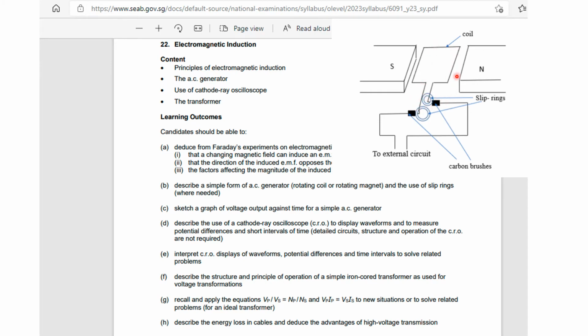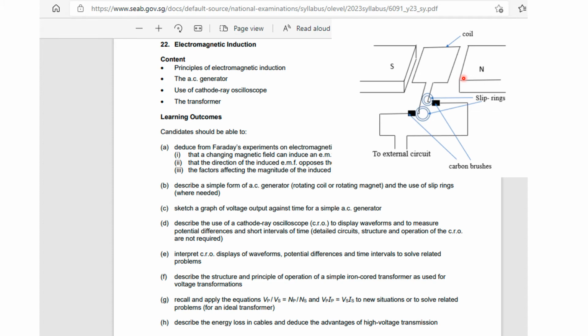So the effect of having a turning coil between these two magnets is we generate induced EMF, or in other words, electrical energy is produced. The product of the turning coil motion in a magnetic field is electricity.